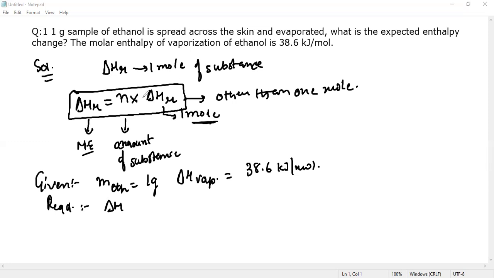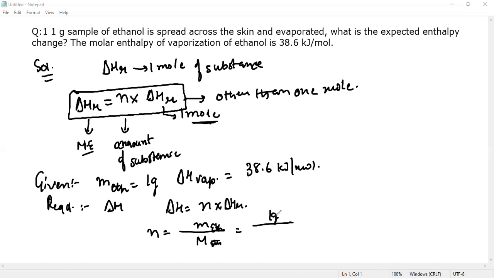So let's use this formula here. Delta H is equal to n times delta HR. So what is n now? Let's find n. n is the number of moles. How do we find the number of moles? We divide the given mass by its molecular mass. So the mass of ethanol is 1 gram. And what is the molecular mass?